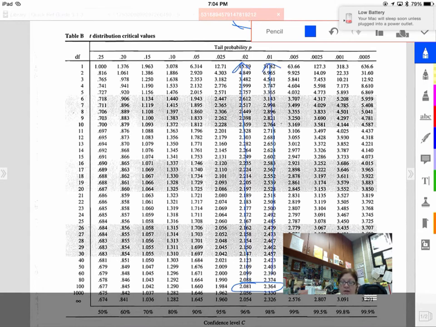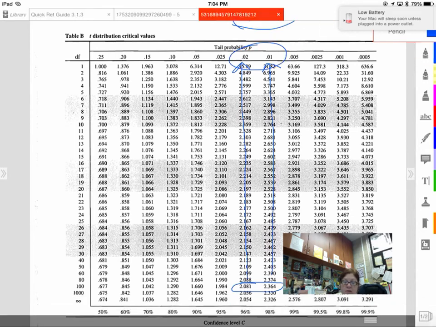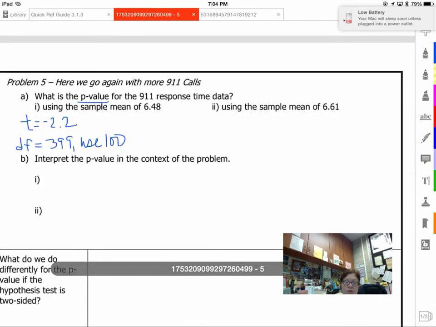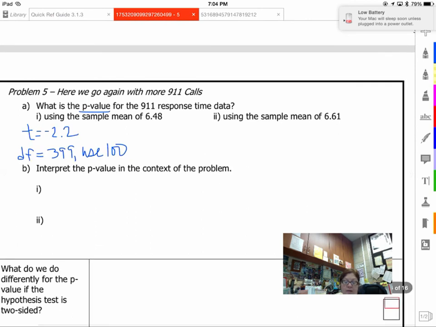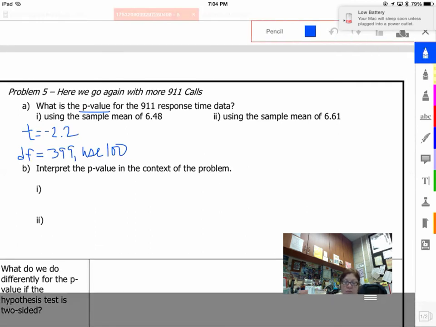So my area to the right is somewhere between 0.02 and 0.01. Ooh, that's really small. So my p-value is less than 0.02 but greater than 0.01.